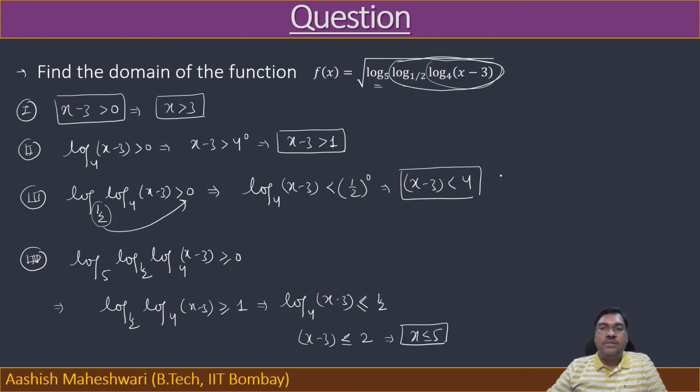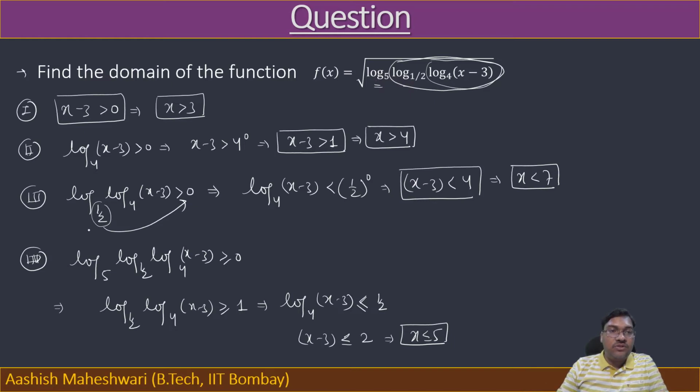Then from this, x is less than 7, this is x is greater than 4, and this is x is greater than 3. So now if I take the intersection of all the 4, you can see x is greater than 3, x is greater than 4.